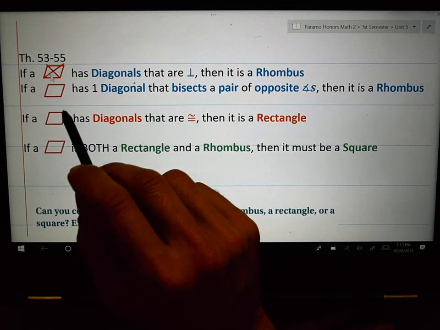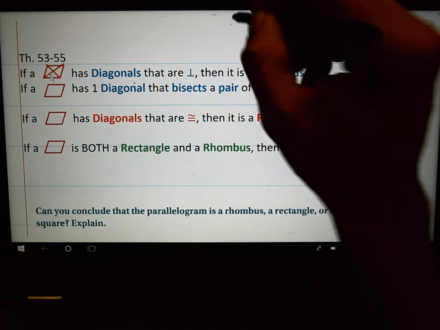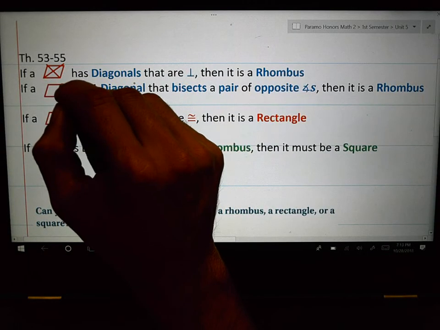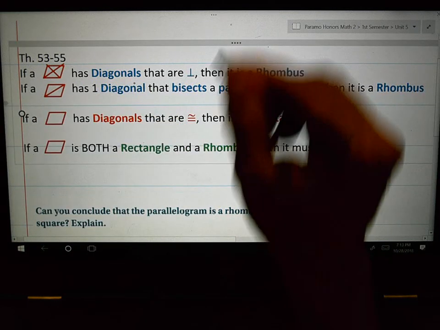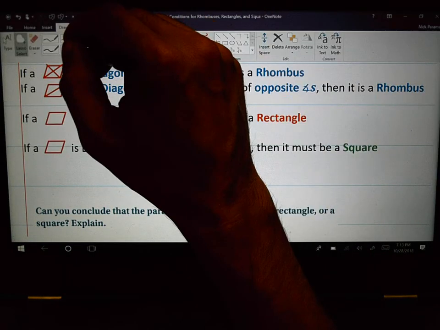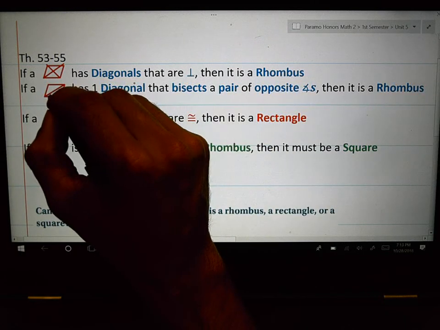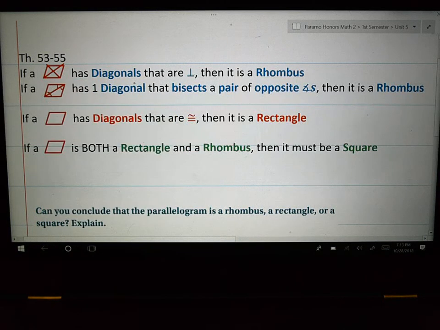The second property is that if one diagonal bisects a pair of opposite angles, then it's a rhombus. Let me just make a one diagonal parallelogram here. If a parallelogram has one diagonal, and it bisects, this angle is cut into 2 equal pieces, and that one's cut into 2 equal pieces.